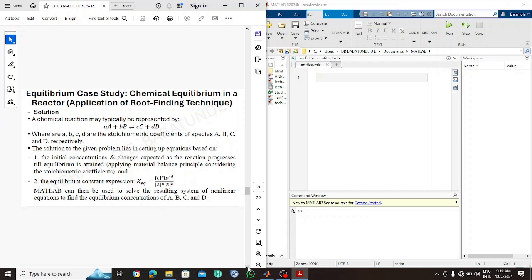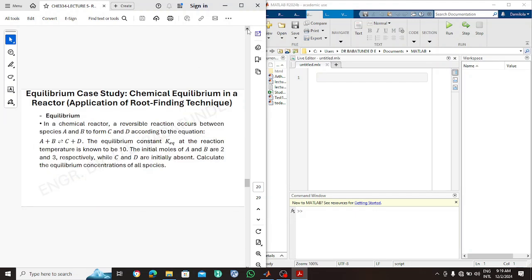So we can represent that reaction with the equation that you see on the screen, where small a, small b, small c and small d are the stoichiometric coefficients of species A, B, C and D. If we compare this typical equation that represents a reversible reaction to the reaction we are given for the problem we want to solve, we can say that small a equals 1, small b equals 1, small c equals 1, small d equals 1.